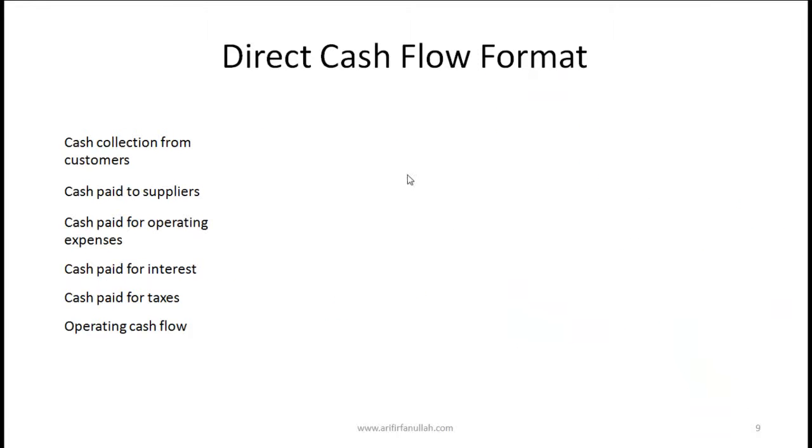Okay, so now let's do some basic calculations. Cash collection from customers. The way you would do this is, from the income statement you would look at revenue, and let's say revenue is equal to 100. And as I just explained, let's say your change in accounts receivable is 20.